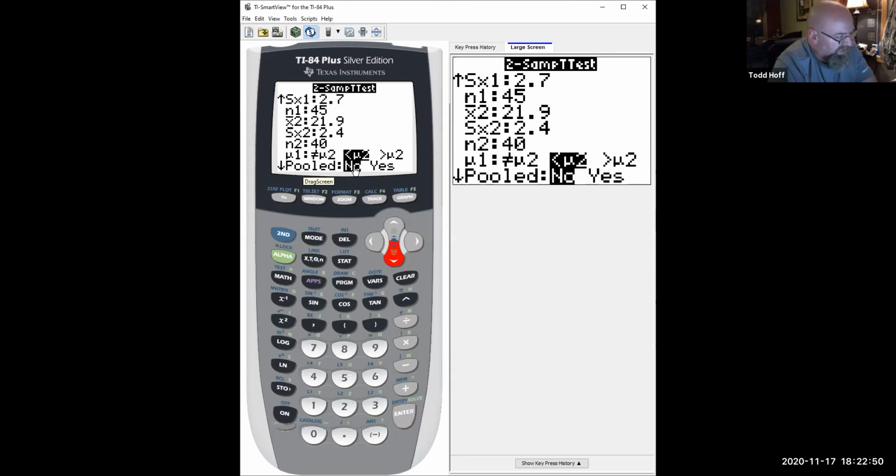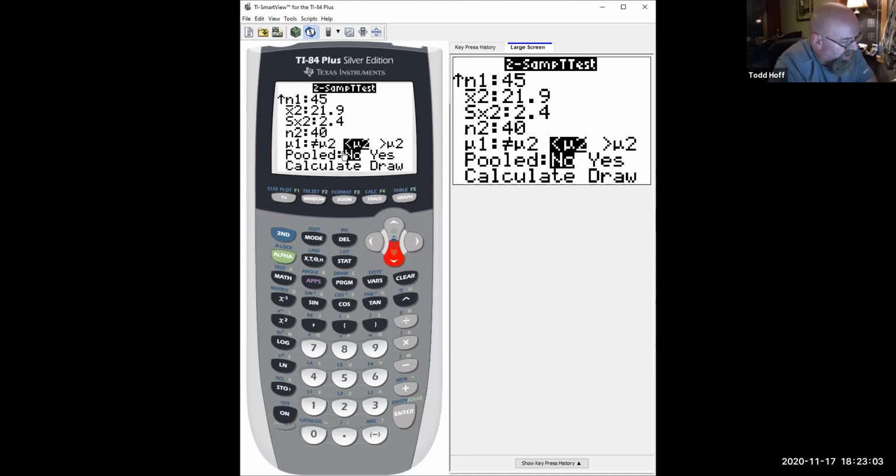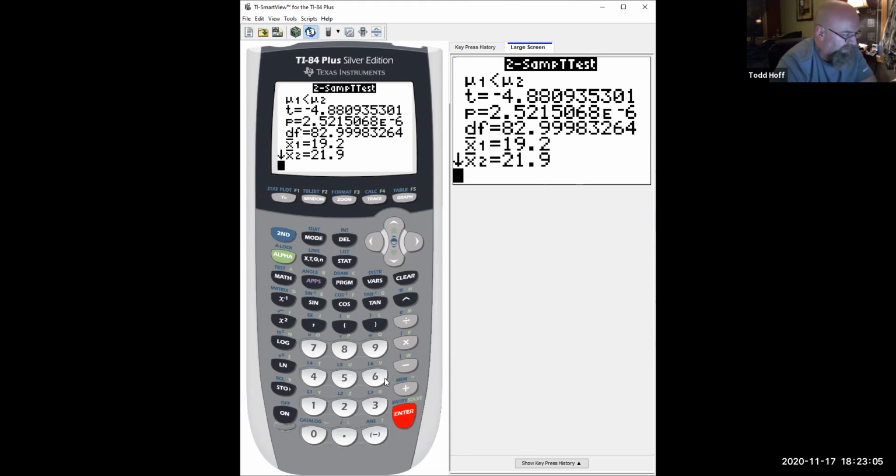Now, this is what we discussed. Do we want to pool it and take a shortcut? Well, the answer here is always no. If the calculator is doing the work, we want to do it the precise way rather than taking a shortcut and doing an estimate. So pooled is always no. And we'll hit calculate.